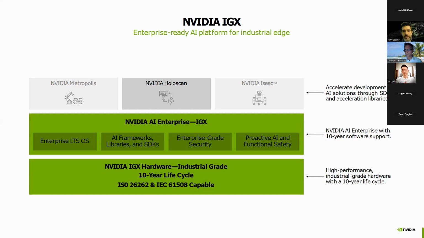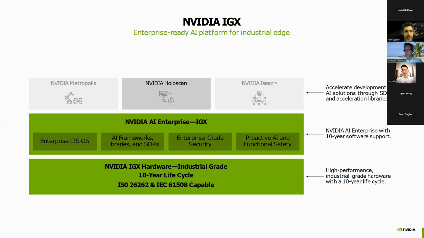Functional safety is also an aspect of this, applicable across the medical domain and other domains. Again, this is 10-year support, so it's optimized for applications where you require a long life cycle, high uptime and support. And at the top, we have a series of SDKs and acceleration libraries.